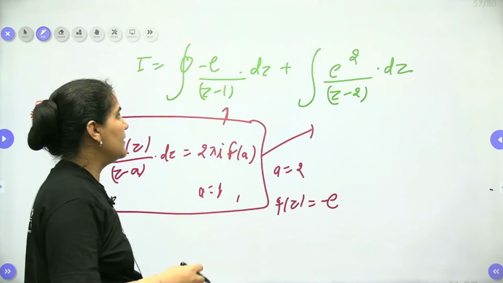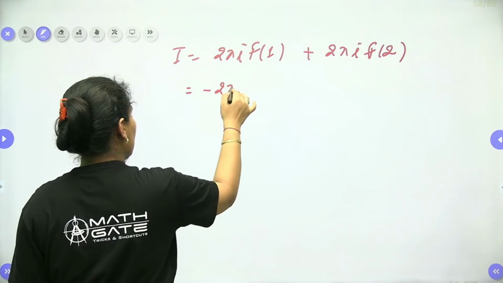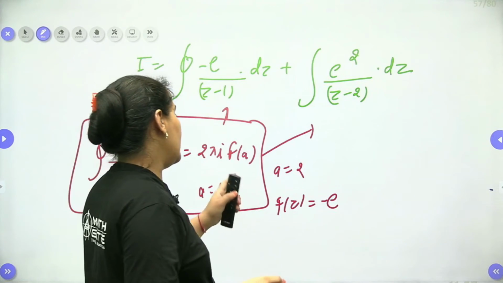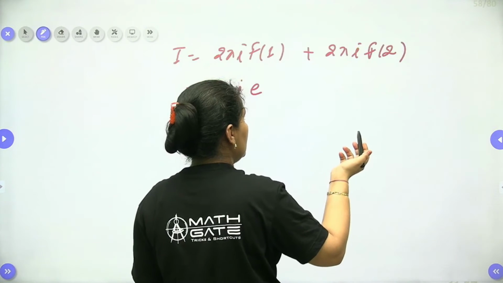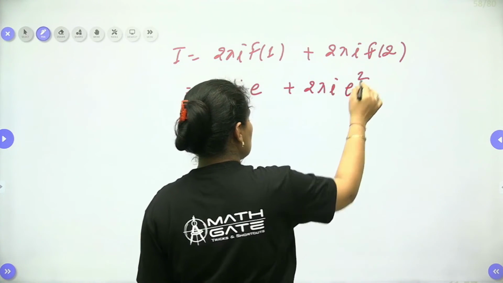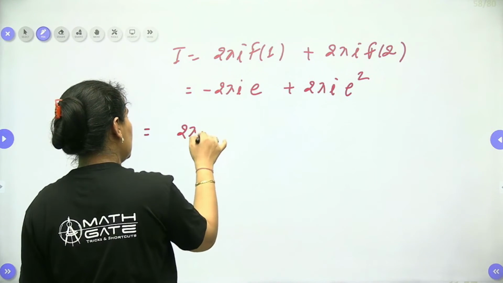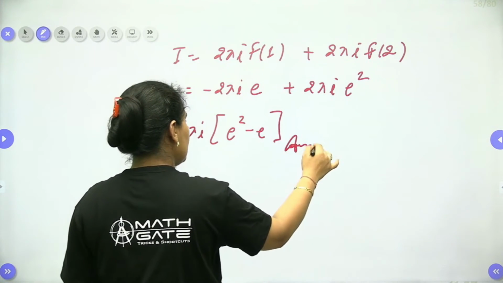Here f(z) is constant, so it will be minus 2 pi iota into e only. And in the second one we are having e square only, so again we don't have z here, so we write plus 2 pi iota into e square only. If you want, you can take 2 pi iota outside, and the result will be 2 pi iota times e square minus e. So this will be the final answer.